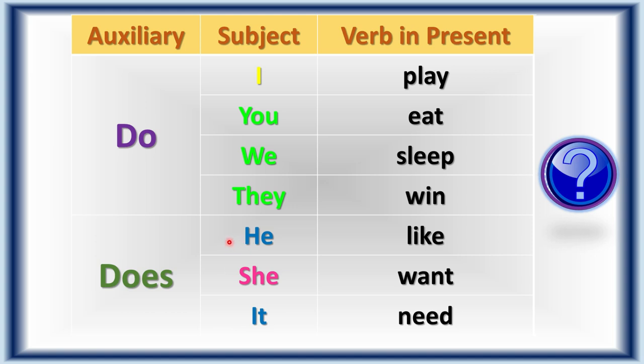In this case, he is for men, she for a girl, it, animal or thing, and we can talk about one thing and create a sentence. Does he like? Does she want? Does it need? Does she sleep? Does he eat? Do you want? Do you need? Do they play? So in that form, you are going to be able to use any verb in present.